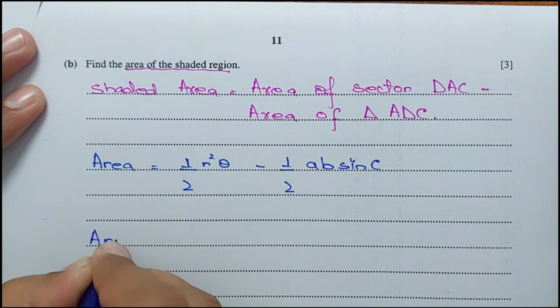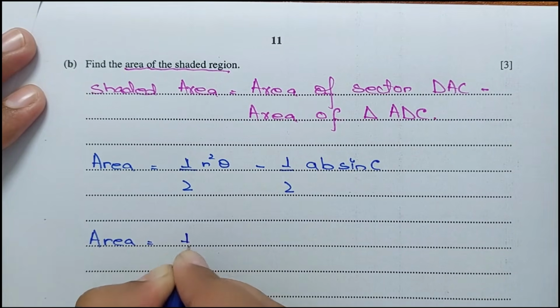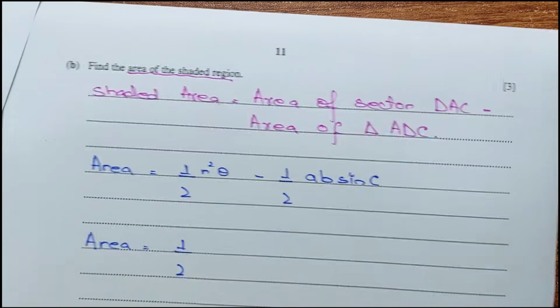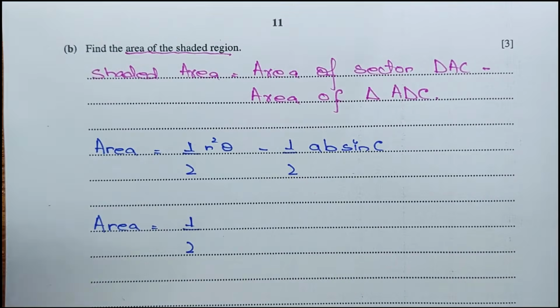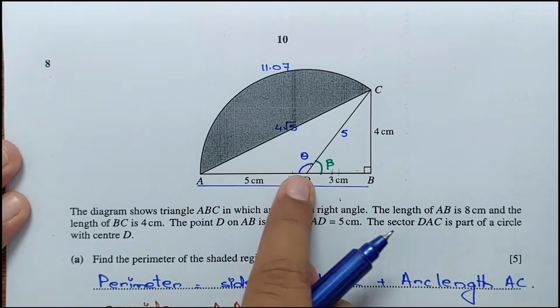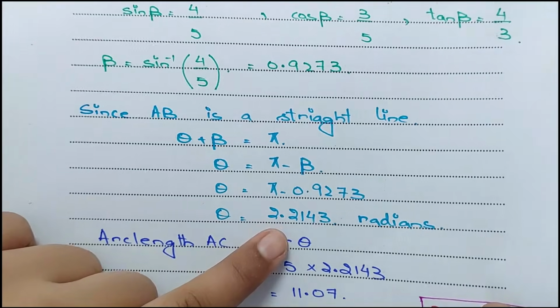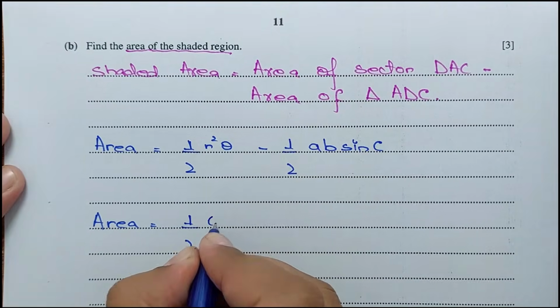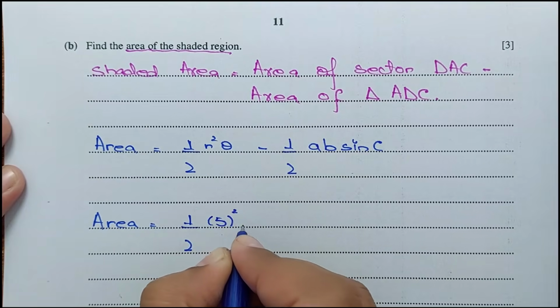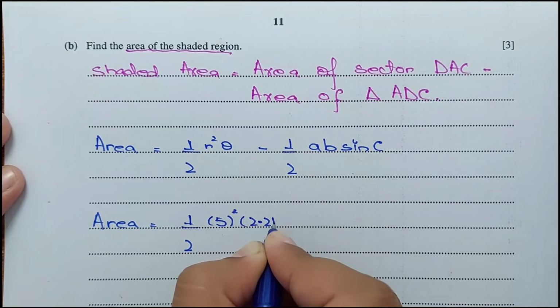So now the area becomes, we have half. Now what is the radius and what is theta? For this sector, the radius is 5 and we have done the theta value, which is 2.2143 radians. So the radius is 5, take it squared, and theta is 2.214.